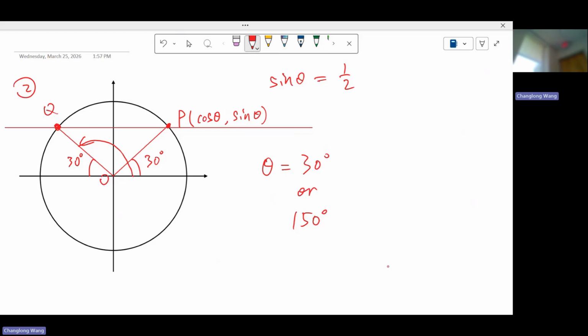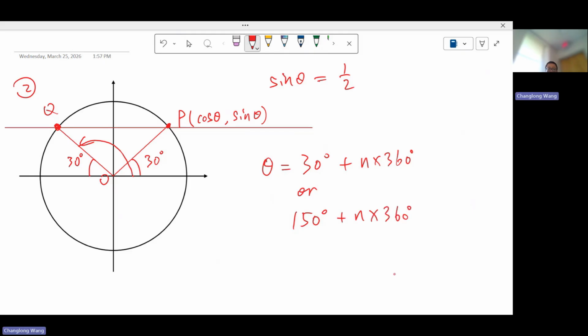I can go another round, or I can keep adding a multiple of 360. Or what if I go in the opposite direction, by subtracting multiples of 360? So all I have to do is write the solution in such a format, plus n times 360. And I'll do that for 150 as well.